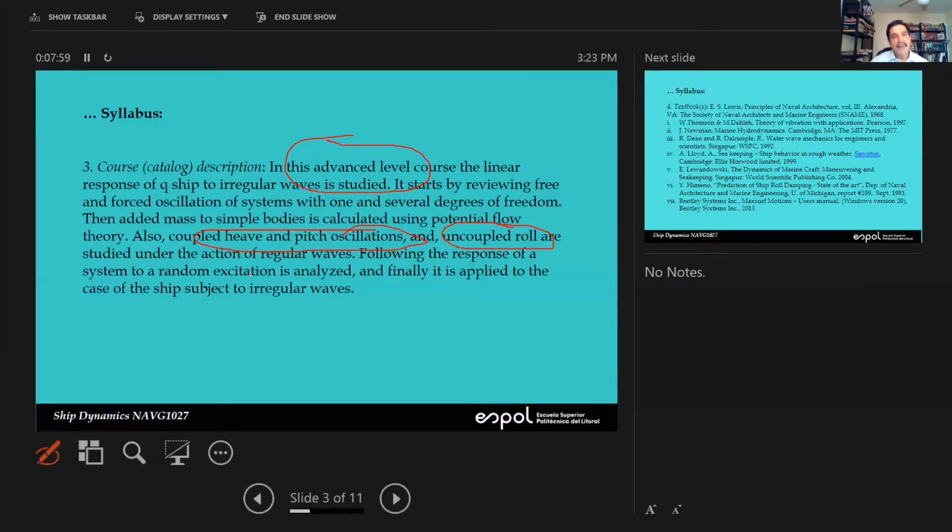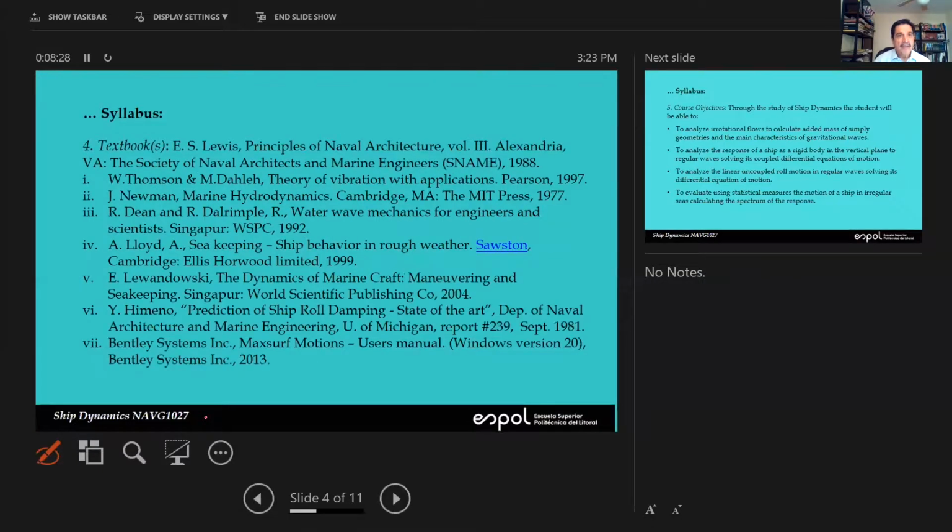And finally, with the spectrum of the response, we can calculate some characteristics. And with that, we will be able to evaluate the response of a ship in irregular waves, which is the last part of the course. Okay, so this is the general description of our course.